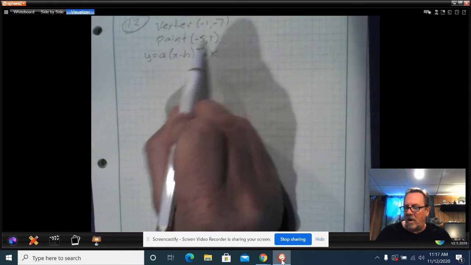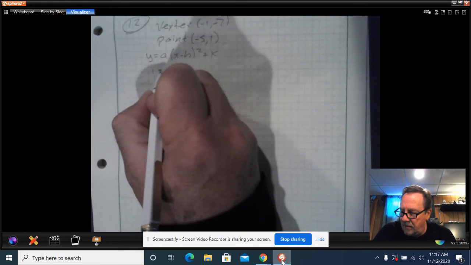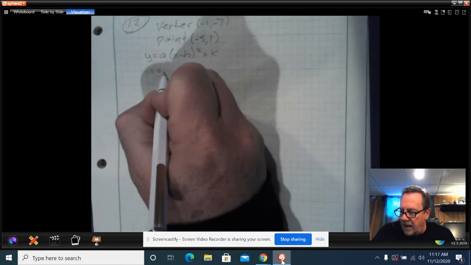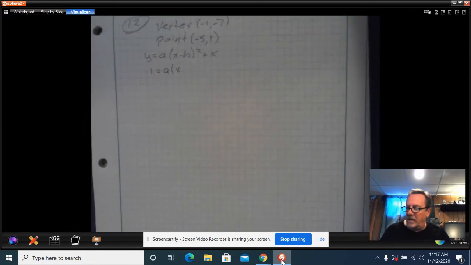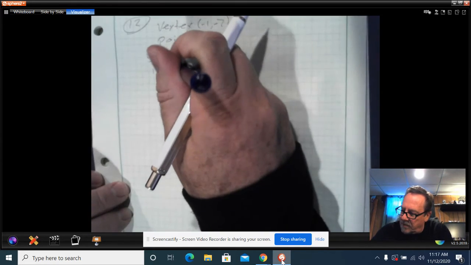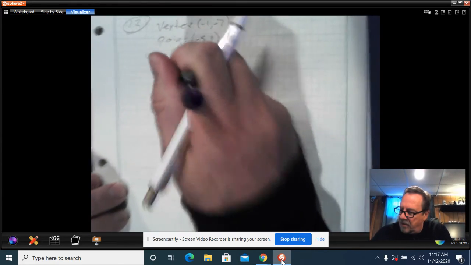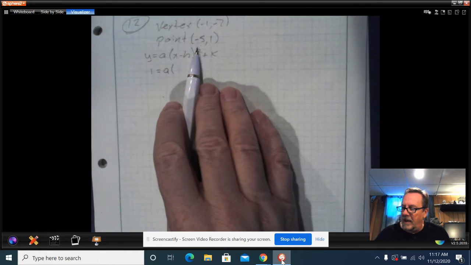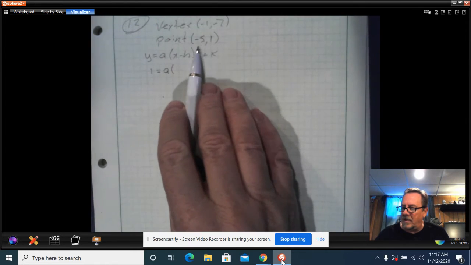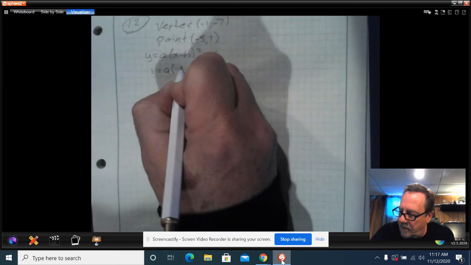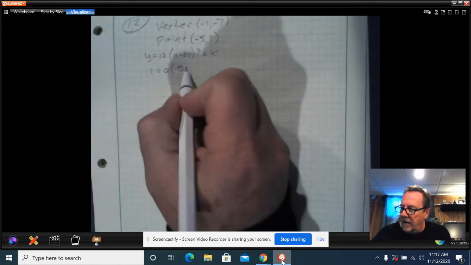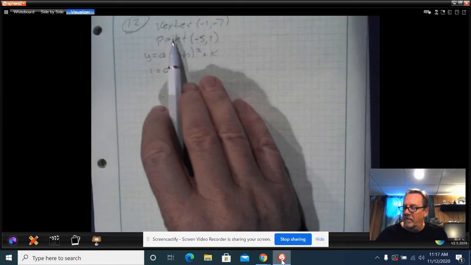So I'm going to replace y with 1. And I don't know what a is. Oh, oops, I wrote x and I didn't mean to. I'm going to replace my x with -5 because the point gives us an x and a y value. So we're going to use -5 for our x. And then I'm going to use my vertex.